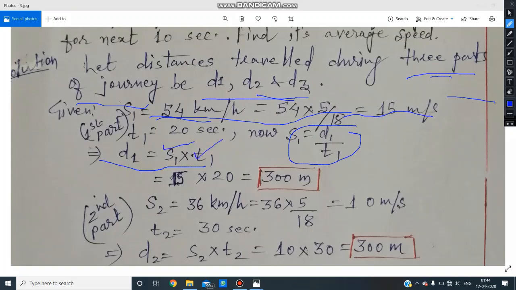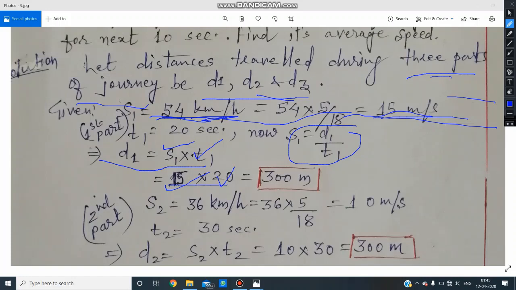And that results, for the first part, we know the speed is 15 and the time is 20. Actually here we have converted some value, children. You have to focus on that. The speed was given in kilometer per hour, 54 kilometer per hour. So by converting it, we get its value as 15 meter per second.